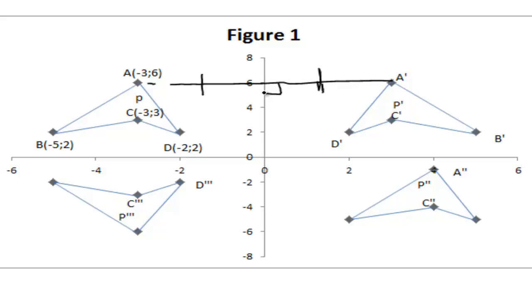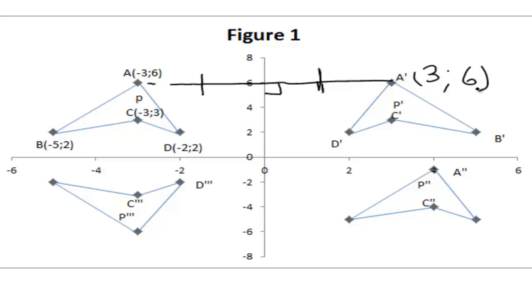If we take the exact distance, x is 0, y is 6. So 0 is equal to minus 3 plus what? You will get x is equal to 3, and then you will get the 6. So that is the mirror image.